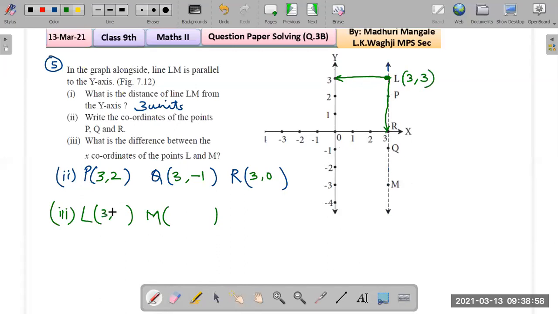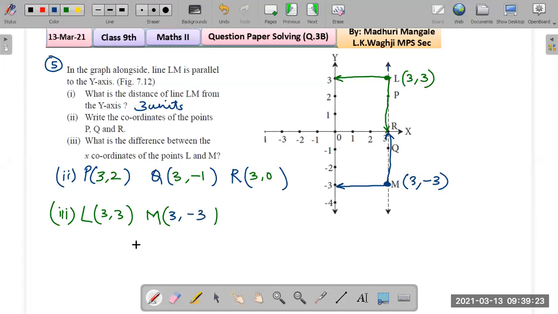We write 3 comma 3 over here. Now look at the point M. It's over here. Draw a straight line towards the x-axis. That is 3, and again draw a straight line towards the y-axis, that is -3. So the y coordinate is -3. We write it out like this, 3 comma -3.